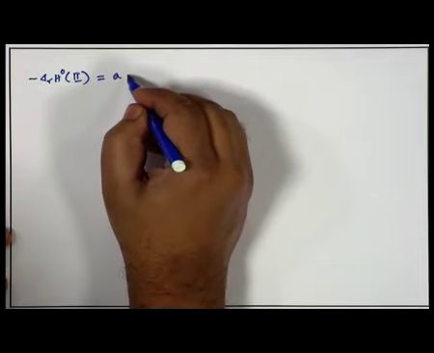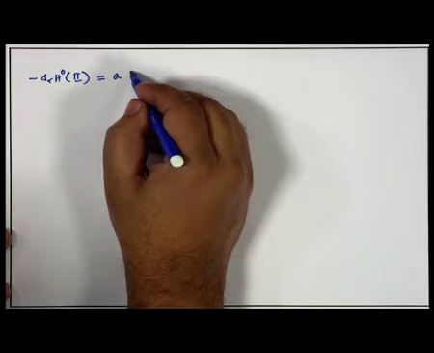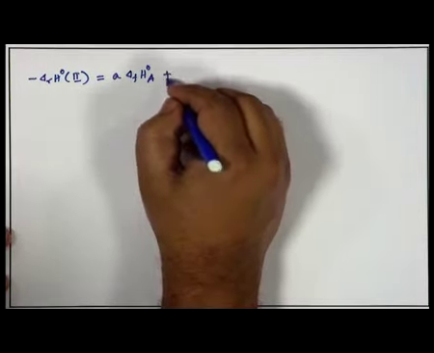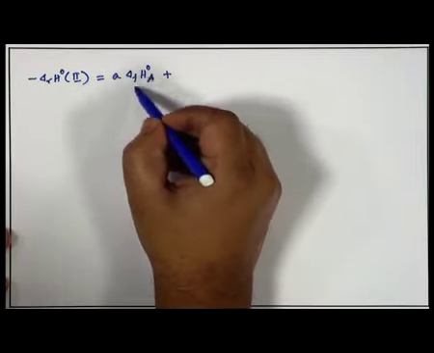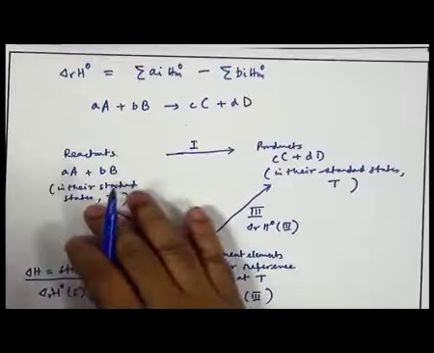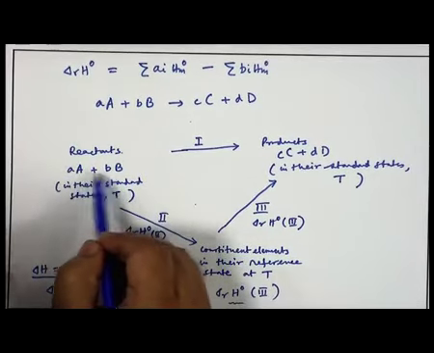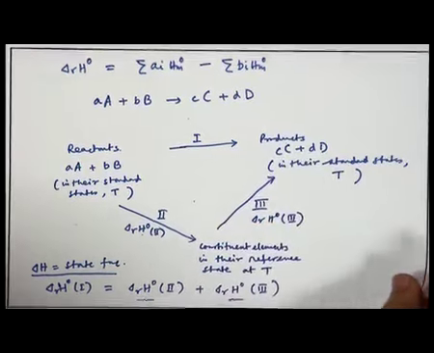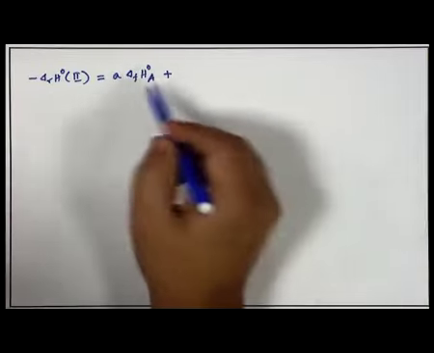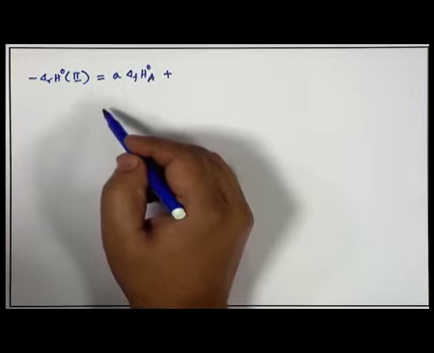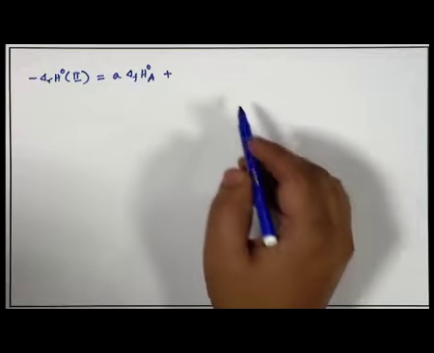We can write this is formation of A moles of A, because this is for 1 mole and we are dealing with A moles in this case. In this reaction, we are dealing with A moles of A, B moles of B, C moles of C and D moles of D, and delta H or heat of formation is for 1 mole. So, we have to multiply by the number of moles here.